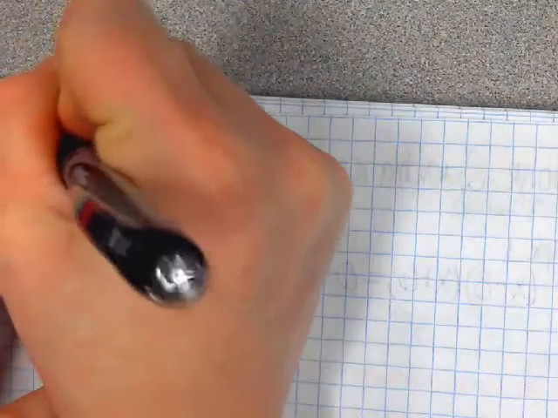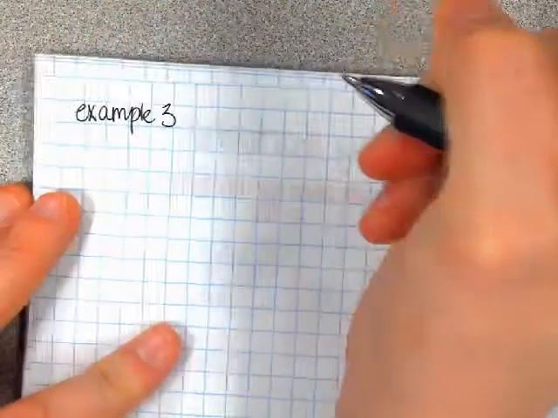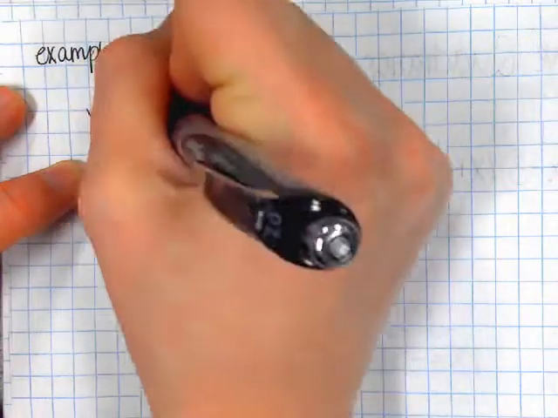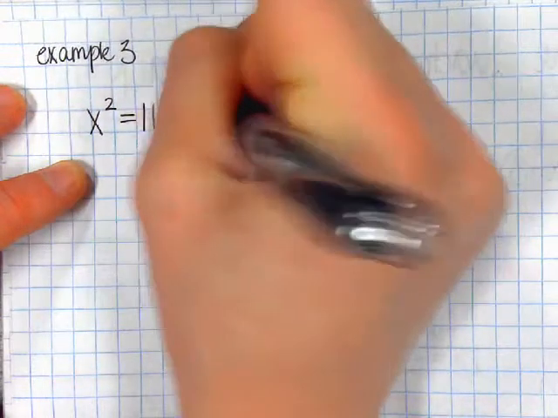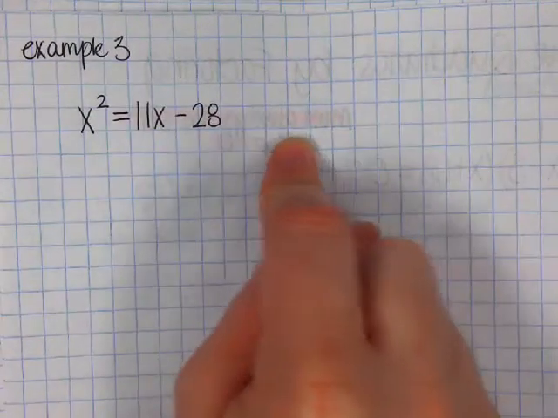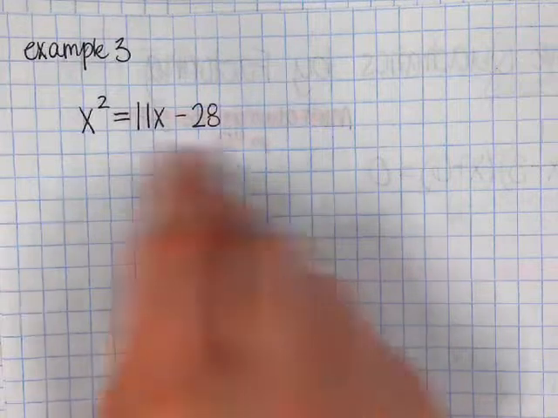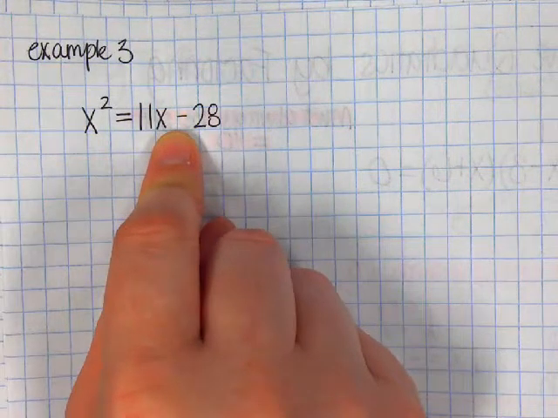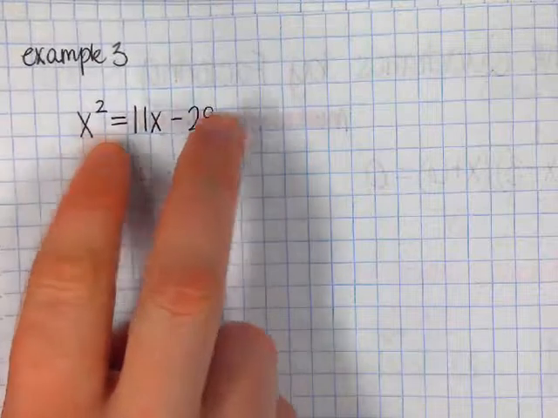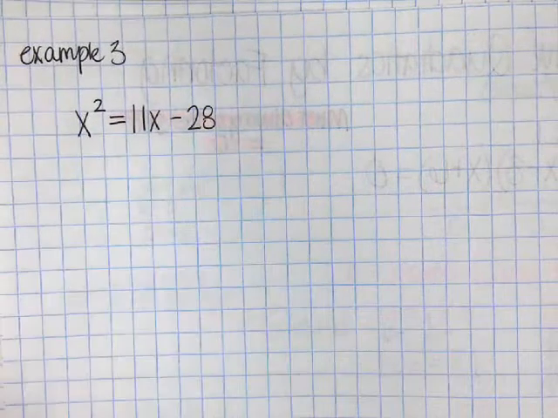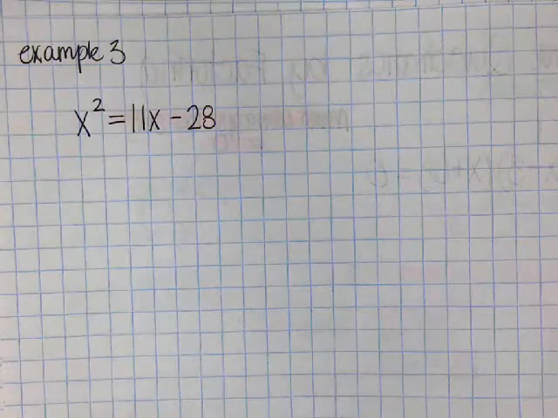Okay. The next kind, so this is example 3. So if we have x squared equals 11x minus 28. Now, remember that very first thing, it must always be set equal to 0. These equations, before you can solve them, they have to be set equal to 0. You can't type in two separate equations into your calculator.